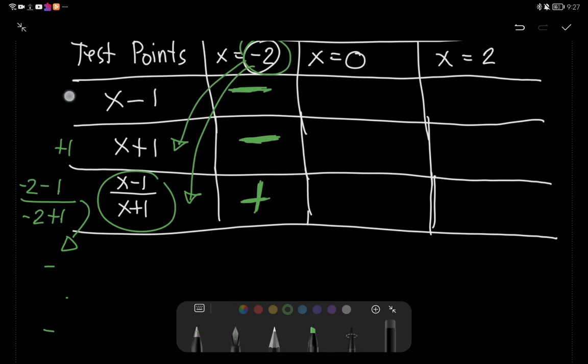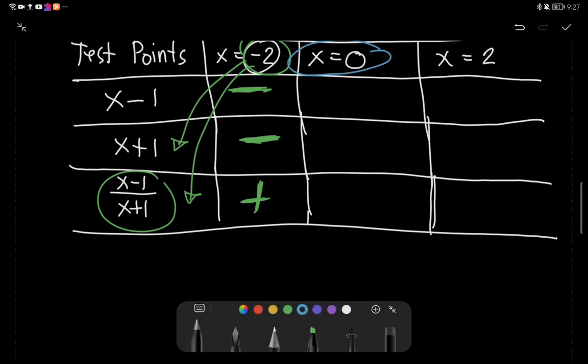Okay, now let's proceed to the second one. Second interval, or the second test point, which is 0. Let's substitute. There is a permero, 0 minus 1, that is -1. So, ang answer dira is negative.